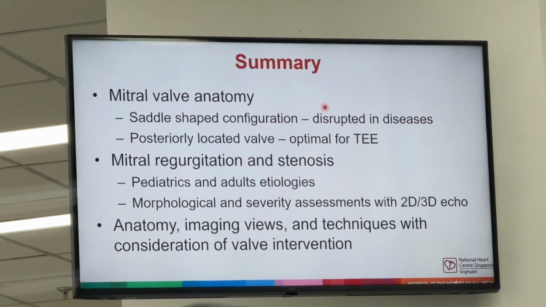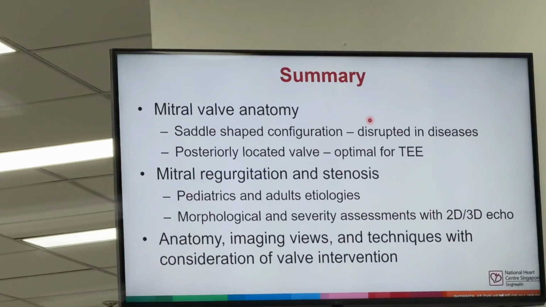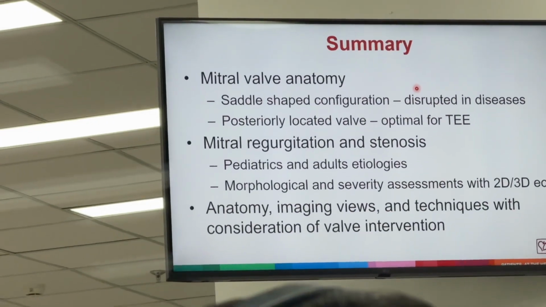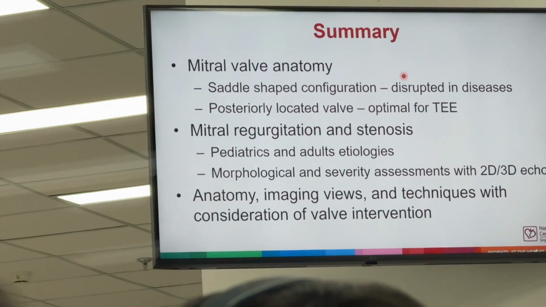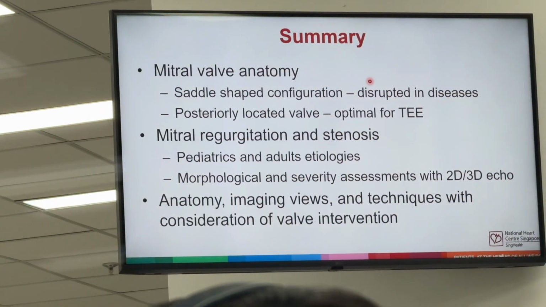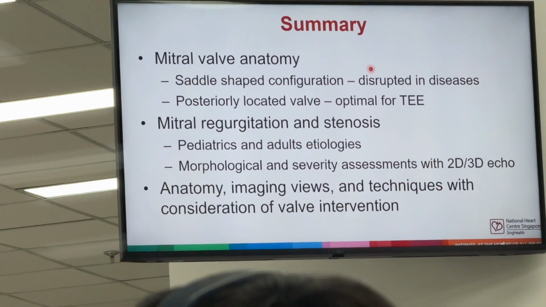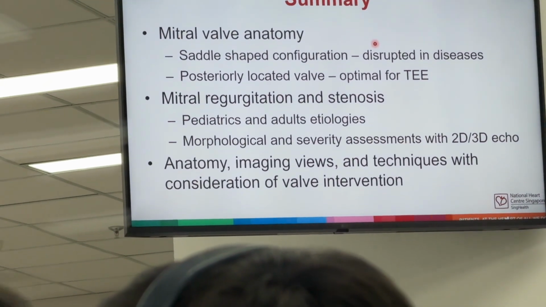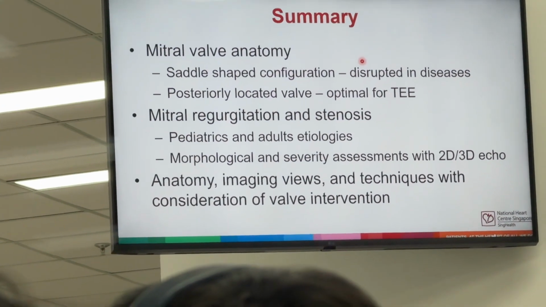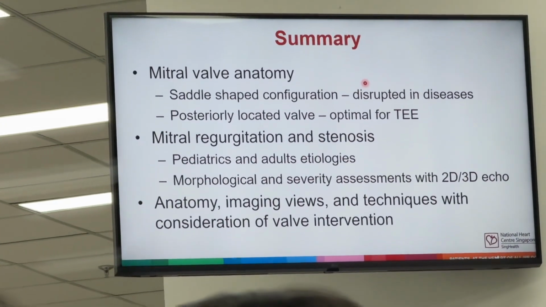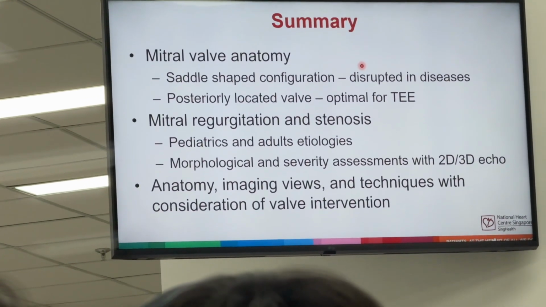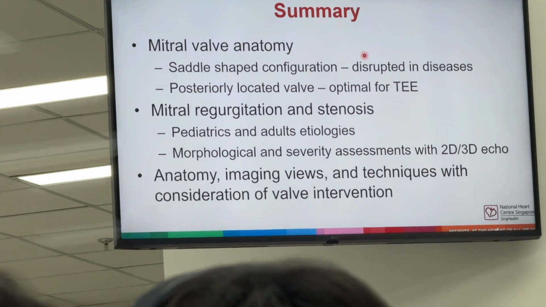We have also discussed mitral regurgitation and stenosis, mostly in the adult population in my examples, but we have also discussed the different etiologies of mitral regurgitation and stenosis in pediatric and adult populations, and how we assess morphology and severity. We also discussed the anatomy, imaging, and techniques with consideration of valve intervention.